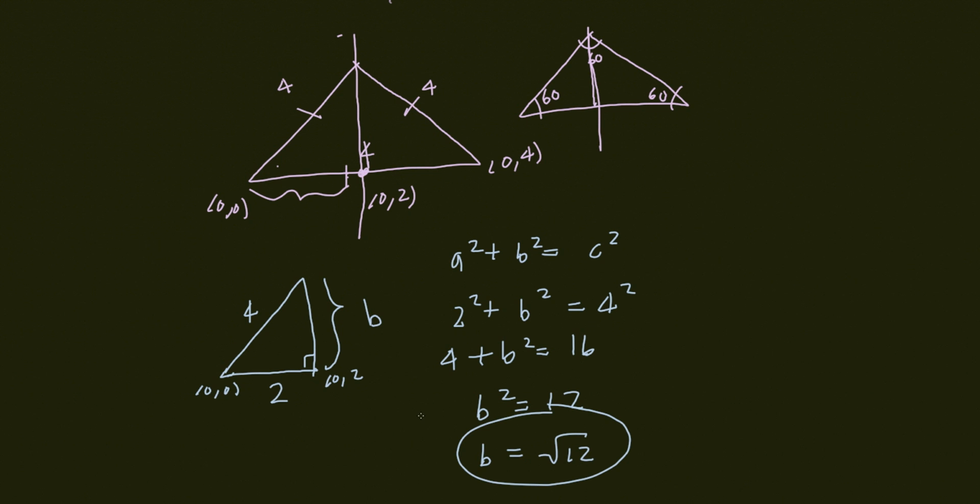And this is the length of this, but that also means that the height of this right triangle is the square root of 12.